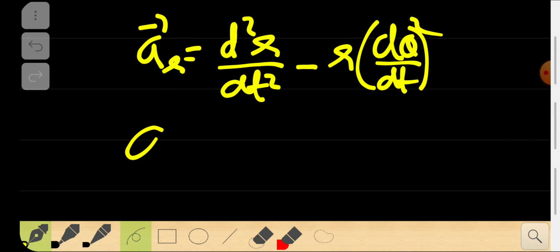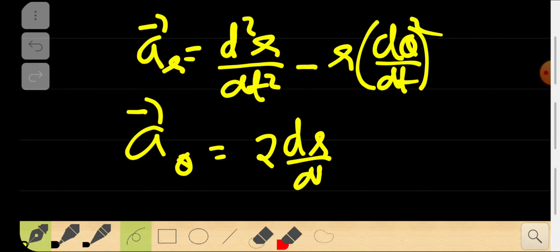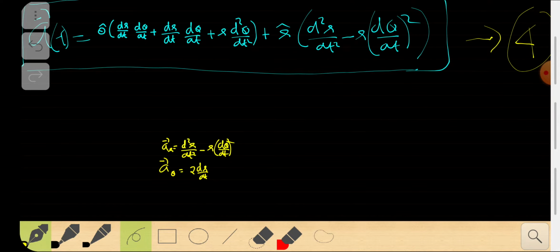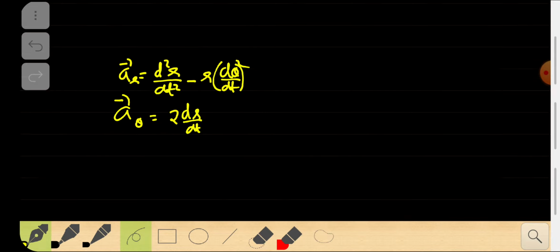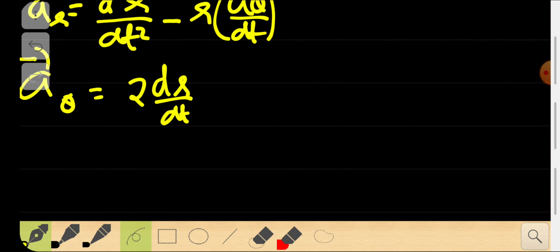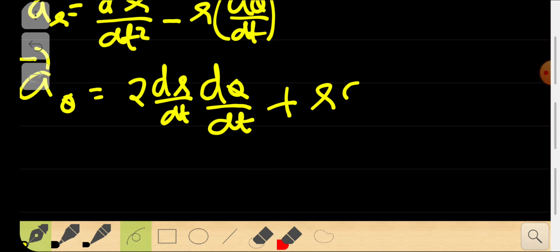And in the θ component I have 2 times dr/dt times dθ/dt, plus r d²θ/dt².